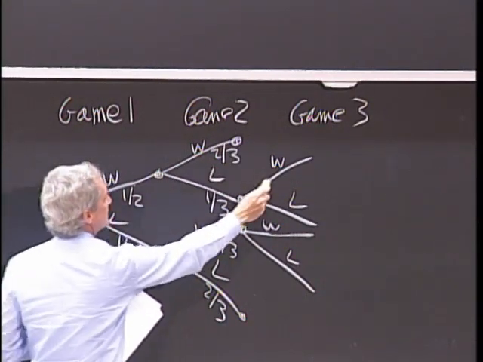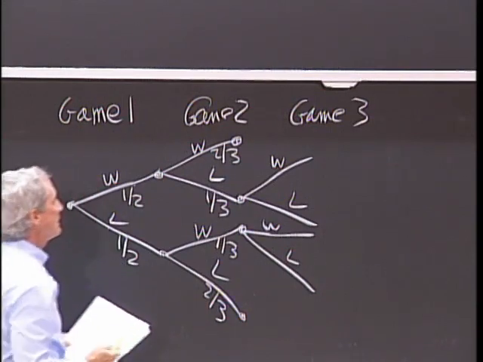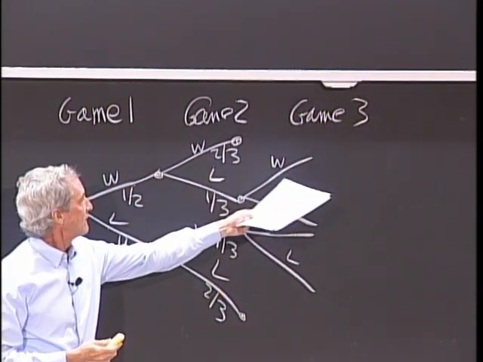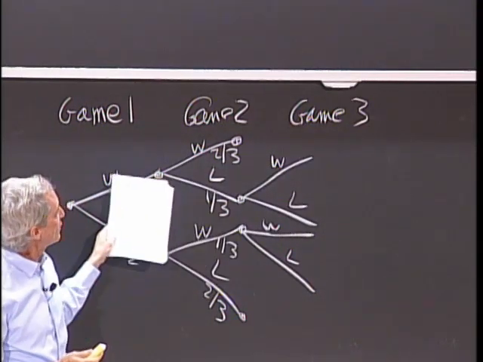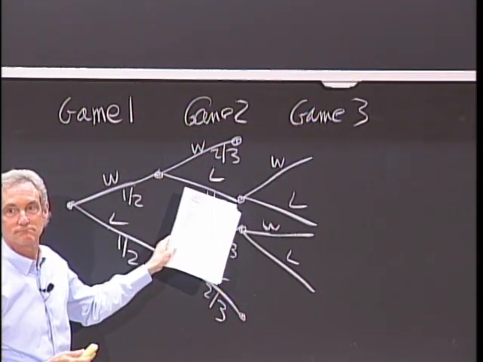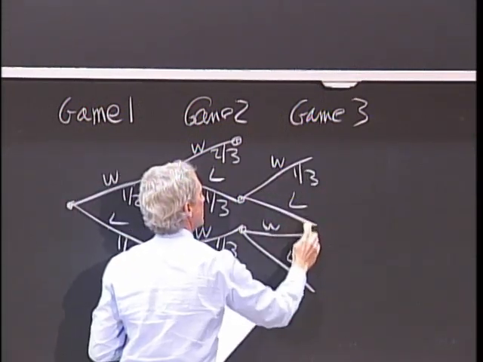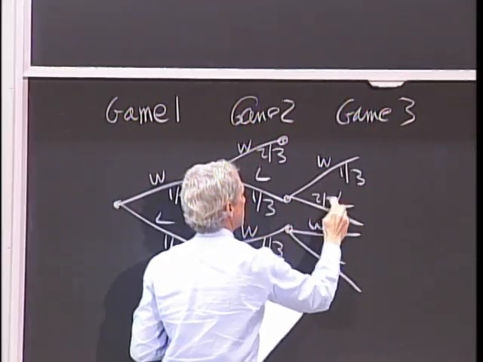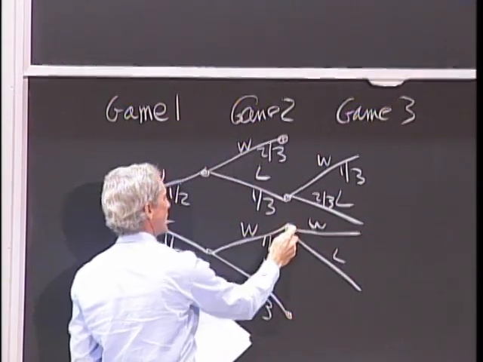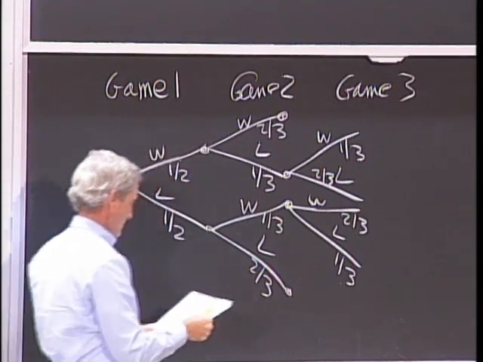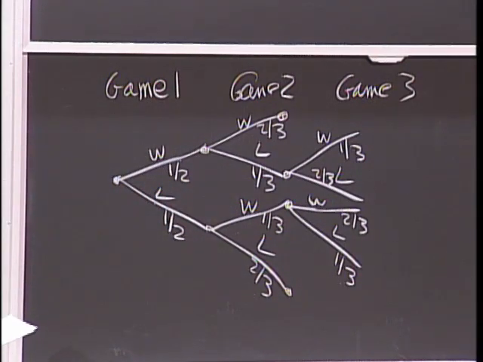All right, and then lastly, what's the probability I win the third game here? 1/3, because I just lost the last game, and that's all I'm conditioning on. So that becomes 1/3, and this is 2/3 now. And then here I just won a game, so I've got 2/3 and 1/3. All right, so I've got all the probabilities.